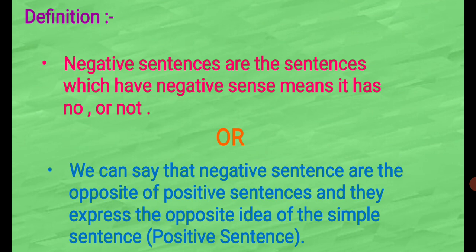After using no or not, the sentence will be a negative sentence. So positive sentence means statement, and negative sentences are the opposite of positive sentences, right?